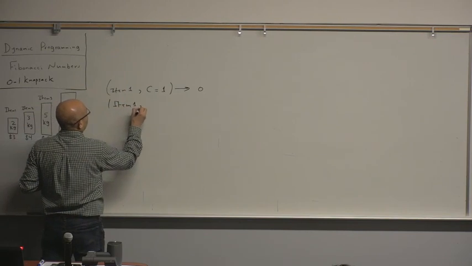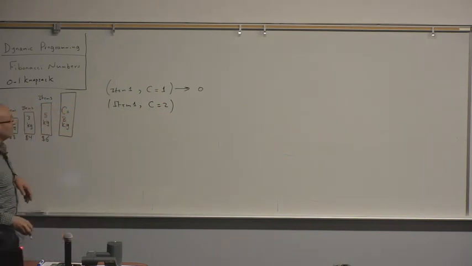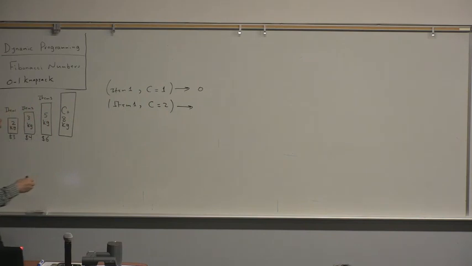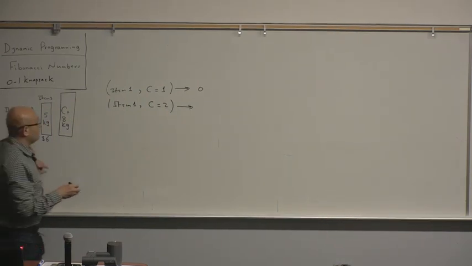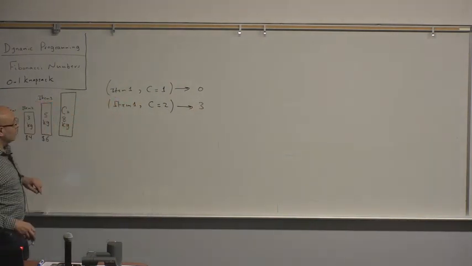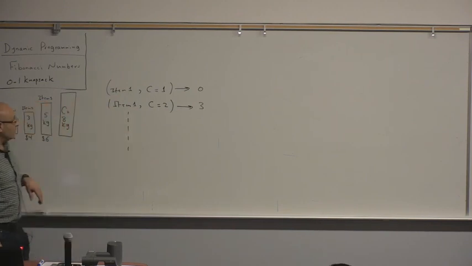What if we have item 1 only and we have a capacity of 2? With a capacity of 2 and item 1 only, item 1 is going to fit in this knapsack, and it's going to give us a value of 3. So we can keep growing the problem by increasing the capacity. On the other dimension, we can grow the problem by adding more items.